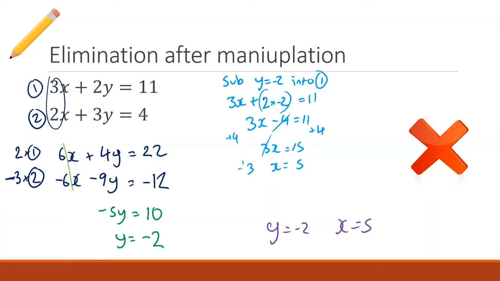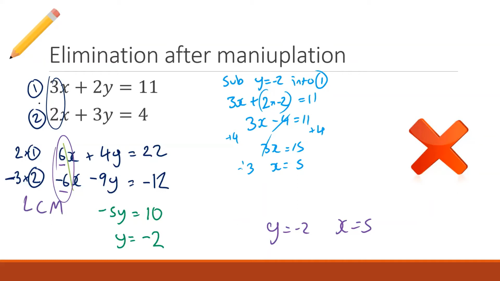The trick with elimination after manipulation is you need to make sure that they have the same coefficient. One's a +6, one's a -6. How did I know to do that? Well, you look for the lowest common multiple.